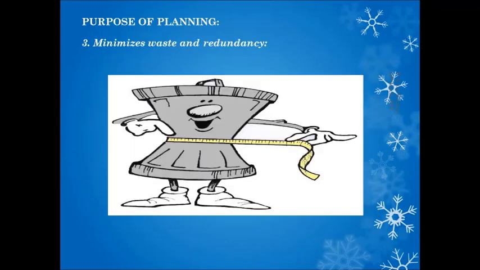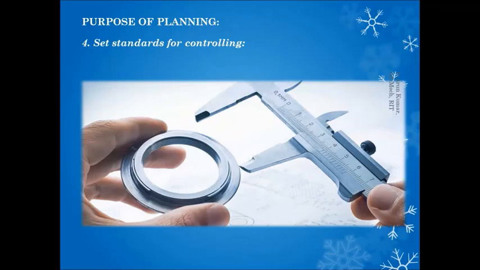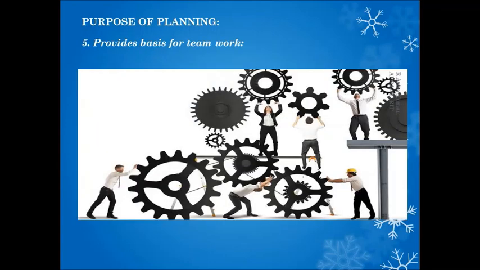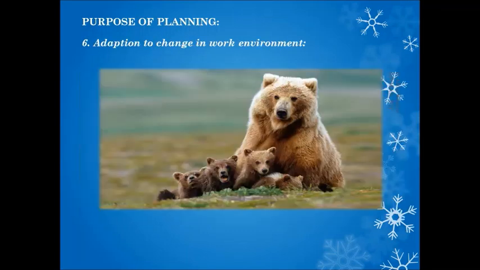Forward-looking: without planning, business cannot function. Intellectual process: it involves brain activity. Myth and fact: actually, the process is based on some prediction and past experiences. It is an effective and efficient process.